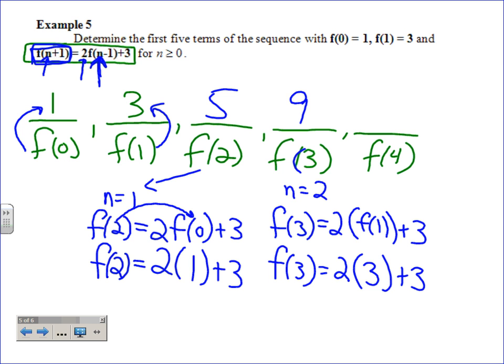Once again, there is a pattern there, but it might not be as easy to see. Kind of it goes up by 2, then up by 2, then up by 4. So it's not arithmetic, not geometric. So in essence, to find this term, this is for those of you that like to find the pattern, I'm going to go back 2 terms. So we're going to go back to the 5. I'm going to take it times 2, which is 10, and then I'm going to add 3 to it, which is 13.